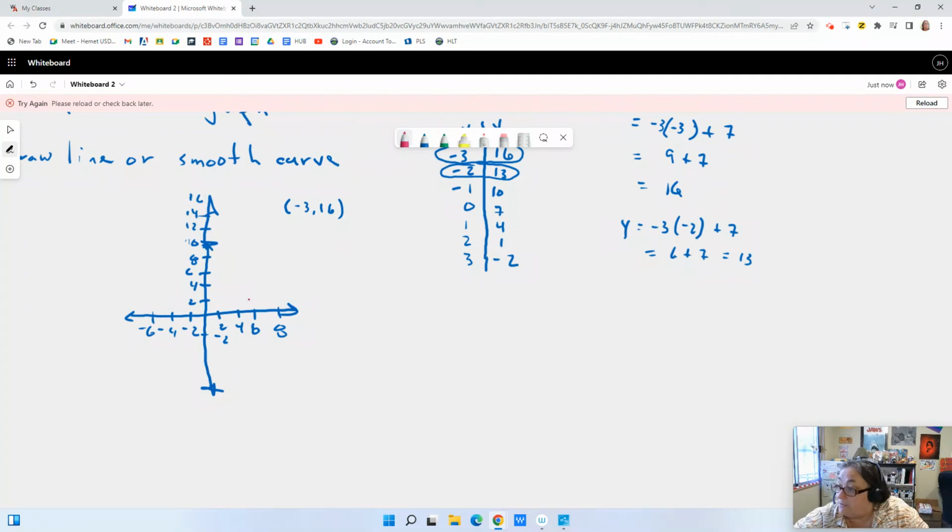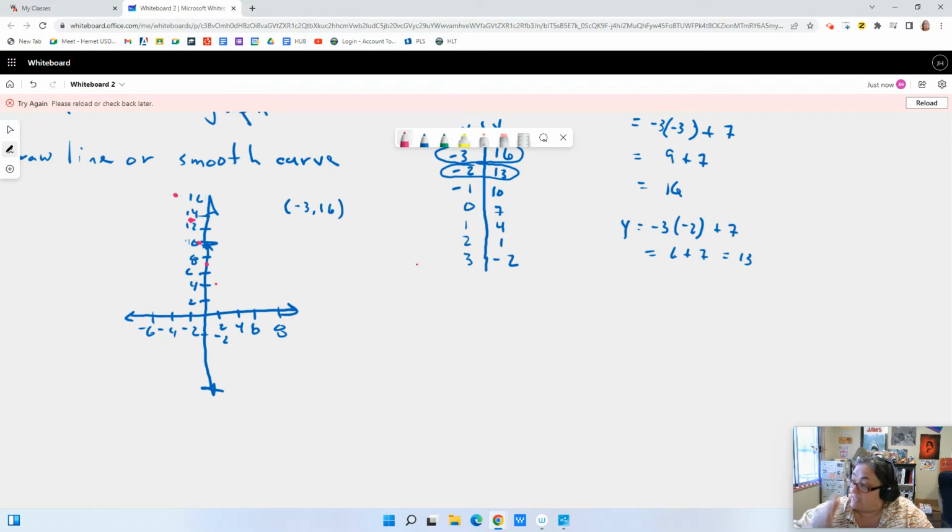I've got -3, 16. Well, that's going to be up here. I've got -2, 13. So -2 goes to 13, which is between 12 and 14. I have -1 is going to take me to 10, which is like right about there. 0 is going to take me to 7. 1 is going to take me to 4.